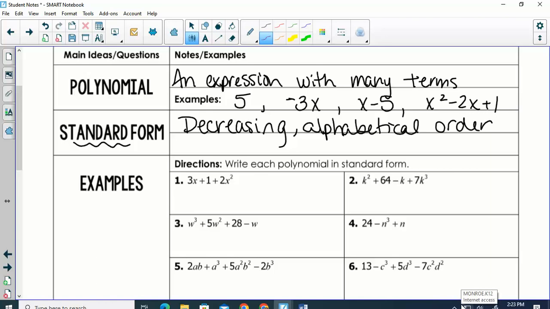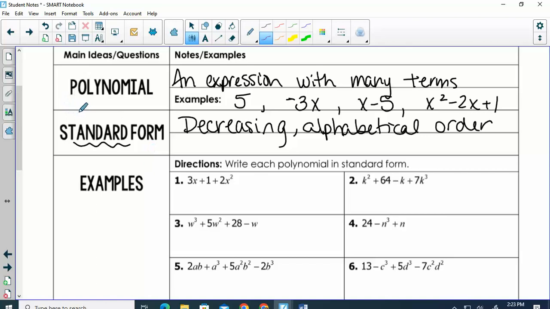If we were looking at a polynomial that has A's, B's, and C's in it, we put all the terms with A first, then the B's, and the C's. More often we're going to see the decreasing, so you want your powers to be falling. So if you have an x cubed, x squared, x, and a constant, we start with the highest power and we go down. So that's required if I say standard form, otherwise it doesn't matter, because when you add and subtract, does order matter? No. So they're equivalent, it's just a notation thing.